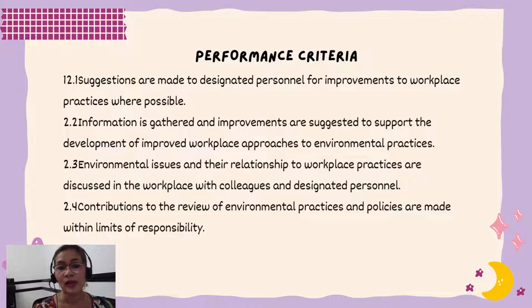For the performance criteria in contributing to improve environmental work practices, we have the following. 2.1, suggestions are made to designated personnel for improvements to workplace practices where possible. Second is information is gathered and improvements are suggested to support the development of improved workplace approaches to environmental practices.